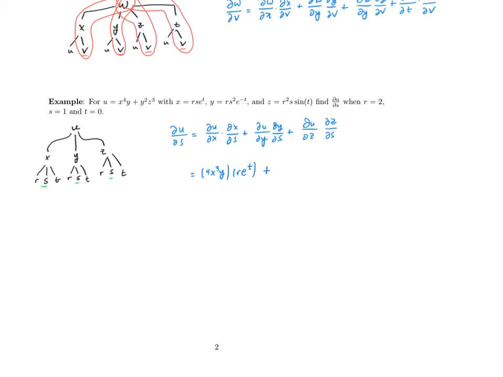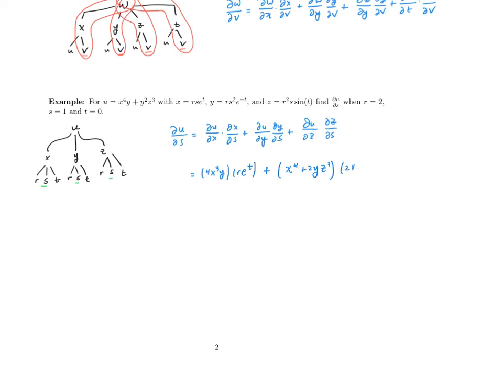And really, at least at this point, this just feels like an exercise in calculating a whole bunch of partial derivatives. The partial of u with respect to y, we treat the x and the z's as constants. So x to the fourth plus 2yz cubed, multiplied by dy ds.